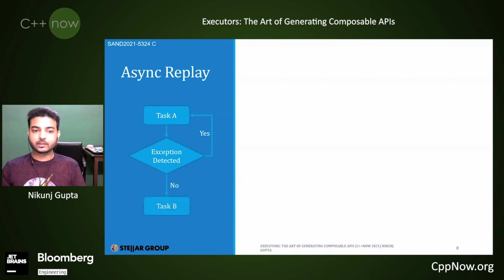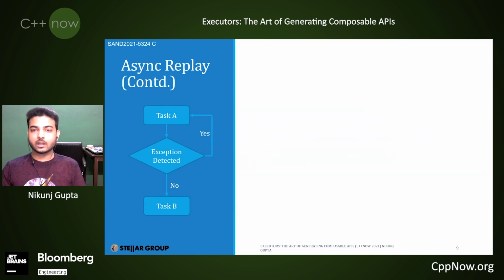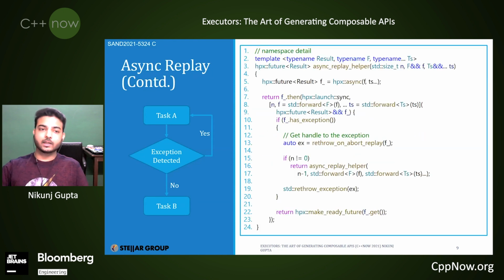And if there are no exceptions, you go ahead and run the next task. Since it's very easy to think of it as a recursive call, that's how we implement it in HPX as well. We make use of an async replay helper, and we simply recursively call this replay helper. So let's take a look at how async replay helper can be defined.